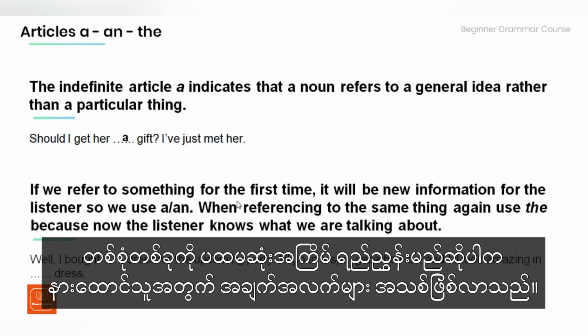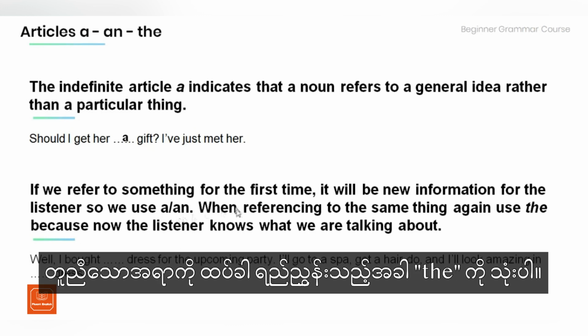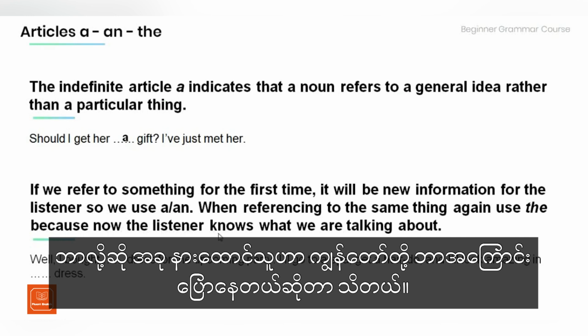Now, if we refer to something for the first time, it will be new information for the listener. So we must use a or an. And when referring to the same thing again, make sure to use the, because now the listener knows what we're talking about.